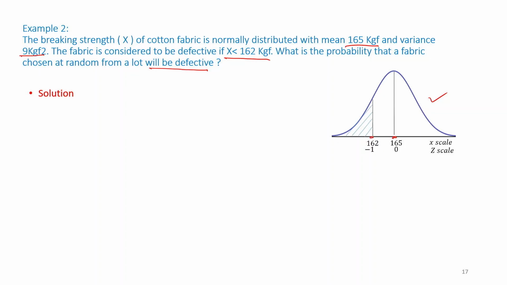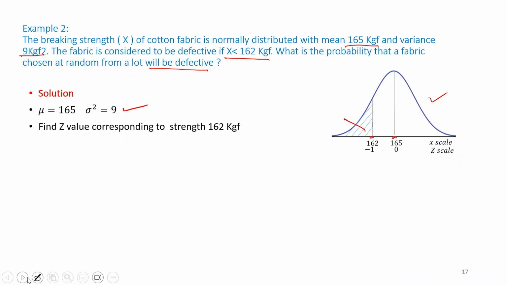Immediately it comes to mind that we need to know how many values may come on the left hand side of 162. What is this area? That is what we are interested in. So with mu and sigma square given, I need to know the Z value corresponding to the strength 162. So Z is coming -1, so we write it as -1.